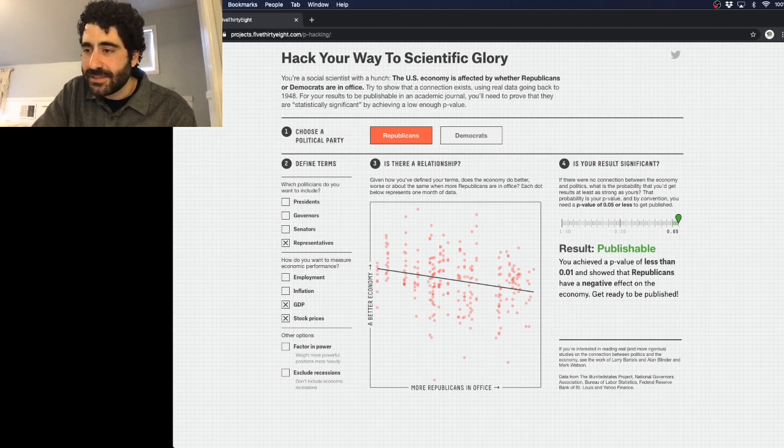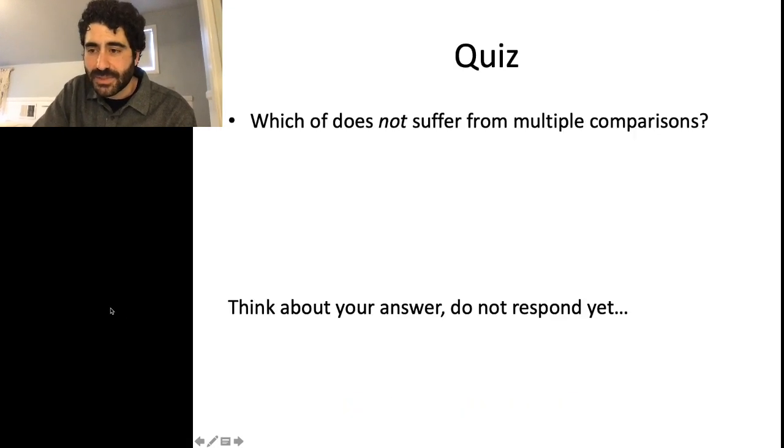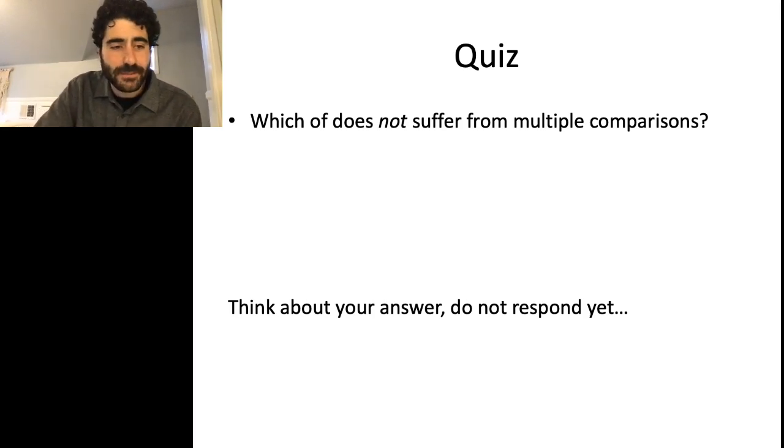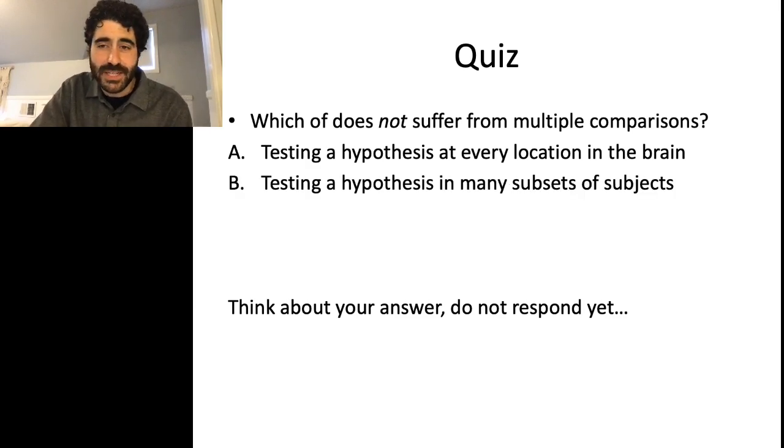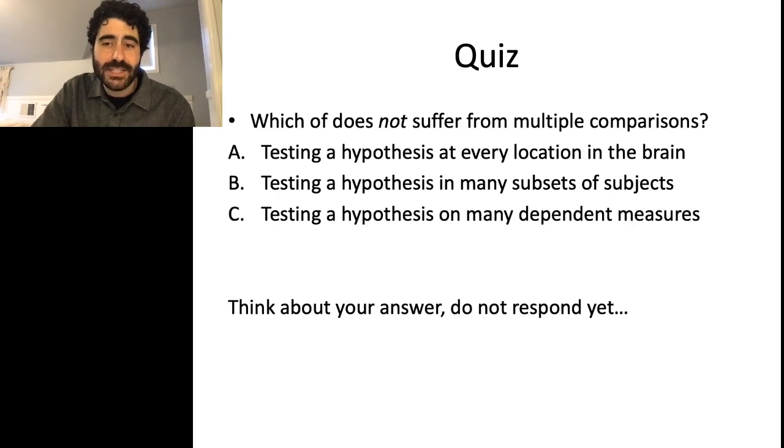Okay, so let's do a quiz. I'm going to give you 4 options here, and the question is, which of these does not suffer from multiple comparisons? A is testing a hypothesis at every location of the brain. B, testing a hypothesis in many subsets of subjects. C, testing a hypothesis on many different dependent measures.